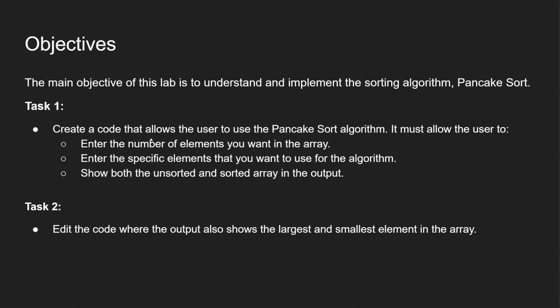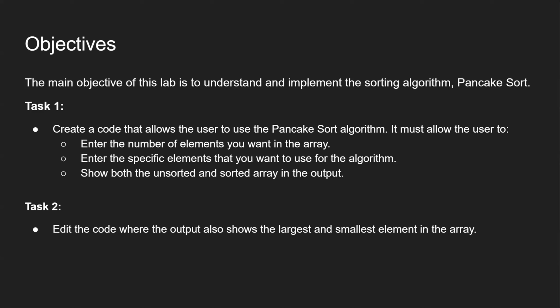Whether you want 10 elements, 5 elements, 1 element, or 1,000, it's your choice. Next, you enter the specific elements you want to use. Don't randomize it or create a randomizer. I want you to input your own elements, and I'll show you what I mean later on.